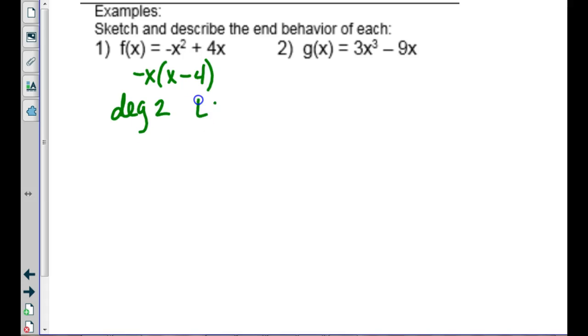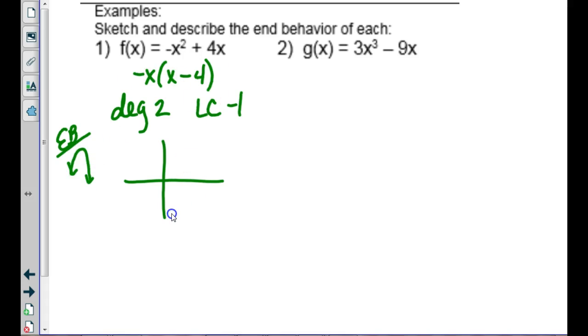Leading coefficient is negative 1. So what's the end behavior? If it's even degree, both ends are going the same way. It has a negative leading coefficient, so both ends are down. We're not going to write out end behavior. We're just going to say there's our sketch. The end behavior, EB, is both ends down.